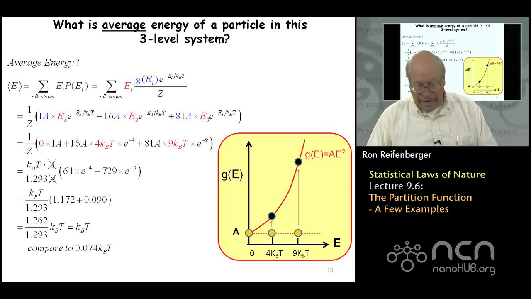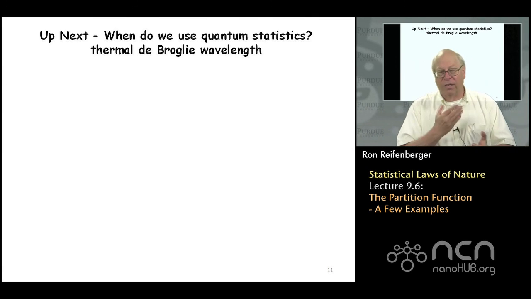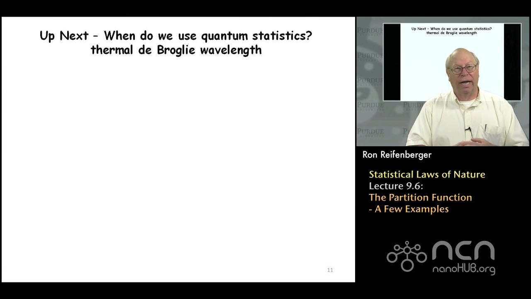So I'm running a little late. I gotta stop. Up next, we want to answer the question a bit more quantitatively when we use quantum statistics. We've been dancing around this question during 2 or 3 lectures in this course.